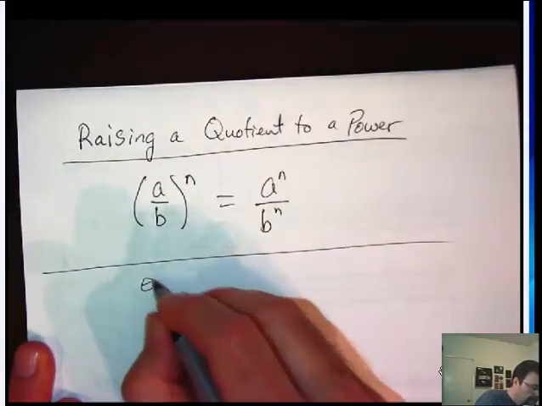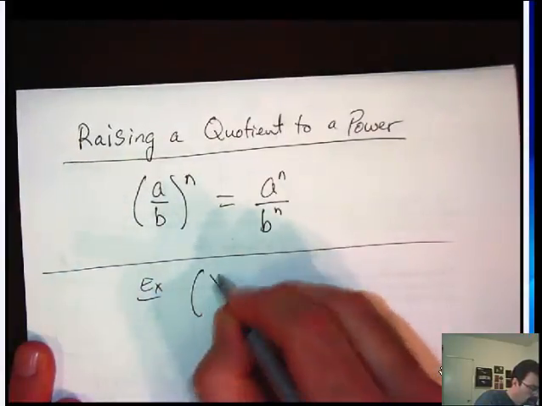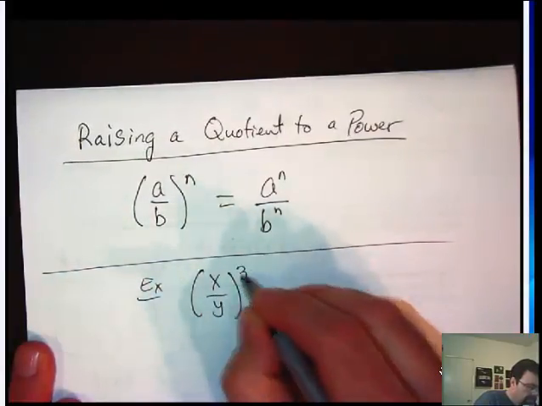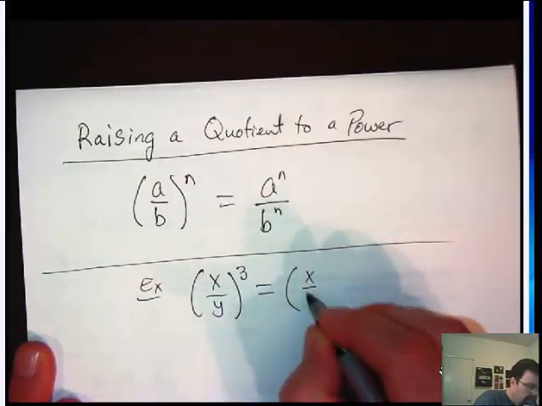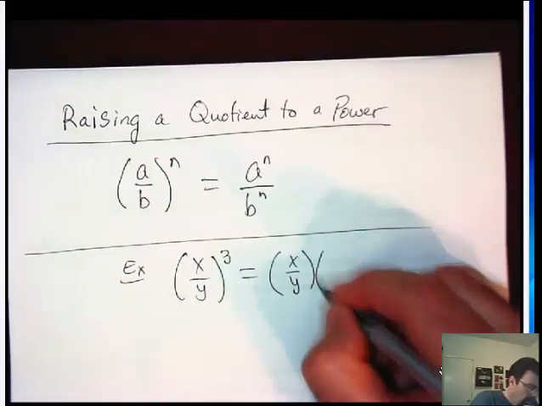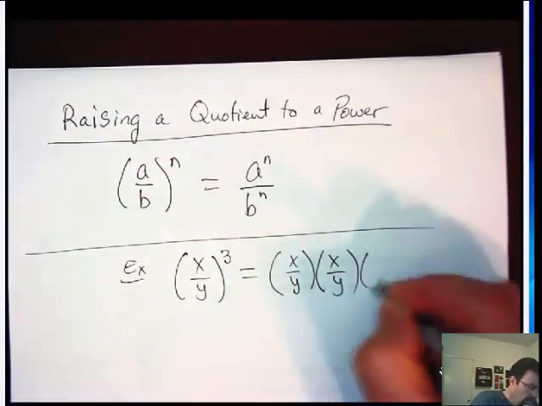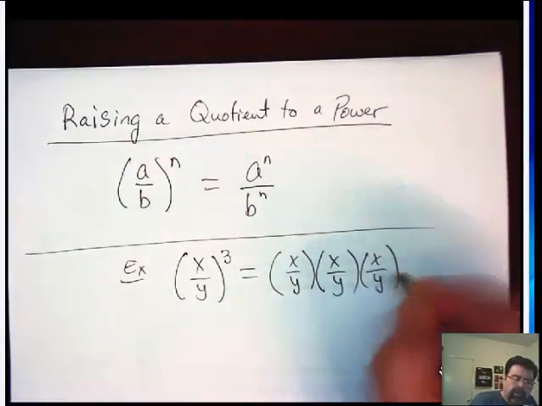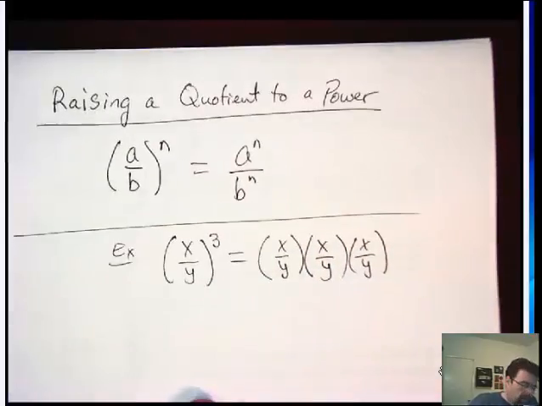Again, an example would be x over y to the third. By definition of exponent, it's going to be x over y times x over y times x over y. So you've got three factors of x over y.